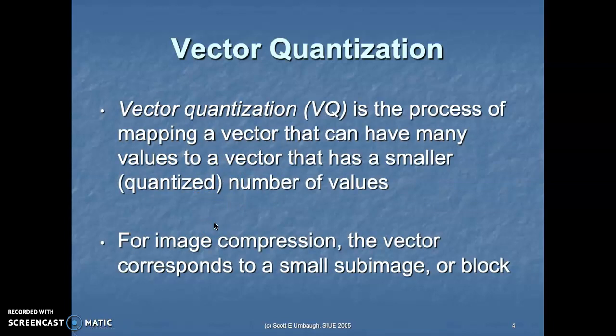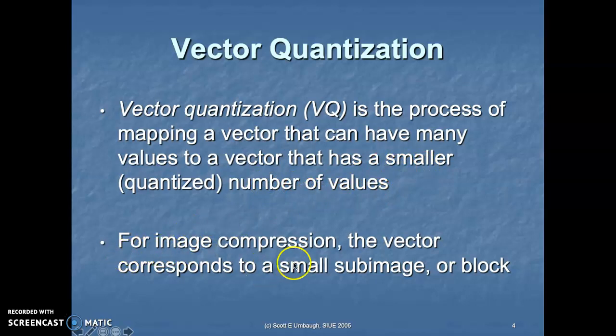So vector quantization is the process of mapping a vector that can have many values to a vector that has a smaller quantized number of values. The difference is only the nature of the input, but the concept is the same, where you have many values, you will quantize them to a small number of values.